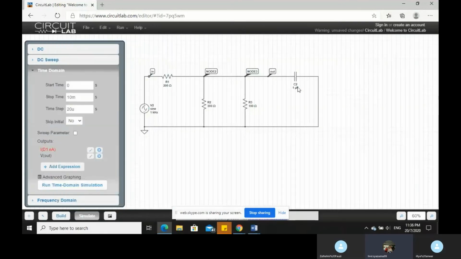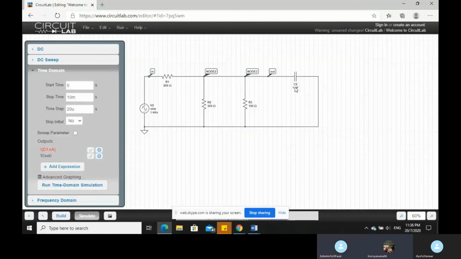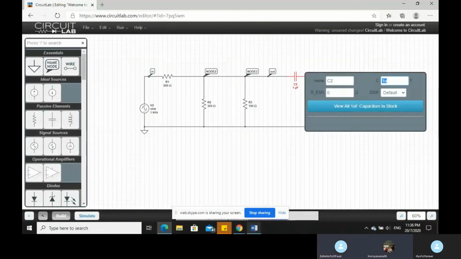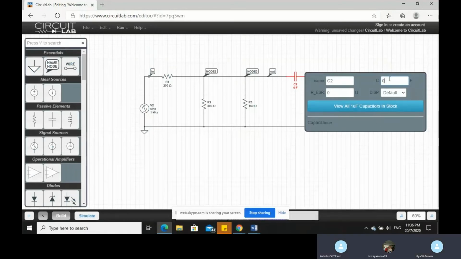The waveform actually is quite the same. The pattern is the same. And now for 0.1 micro.